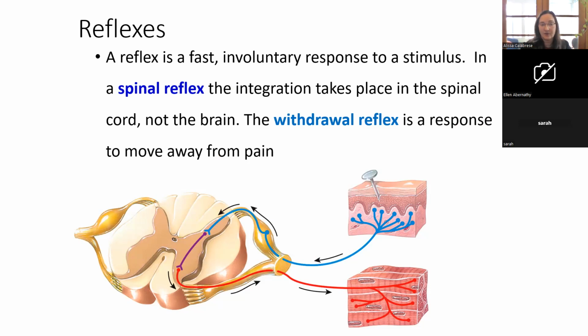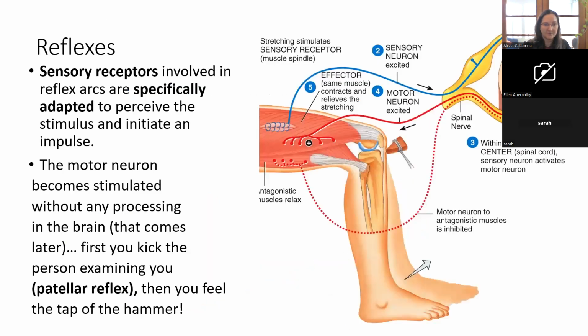That reflex arc is happening so quickly that your foot withdraws from the pain before the signal is even processed in the brain, right? That's what makes a reflex so quick. Your brain hasn't yet processed it, but your spinal cord has told you to move away from the danger.